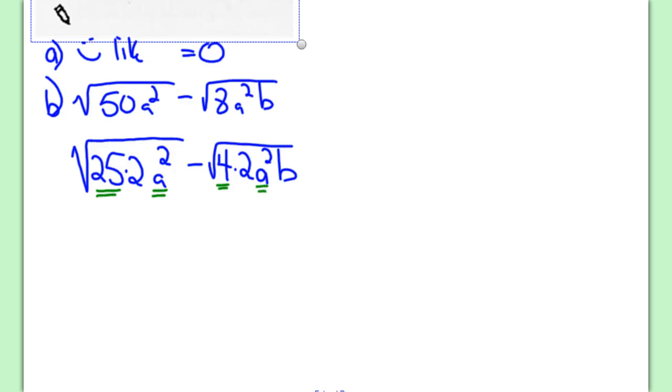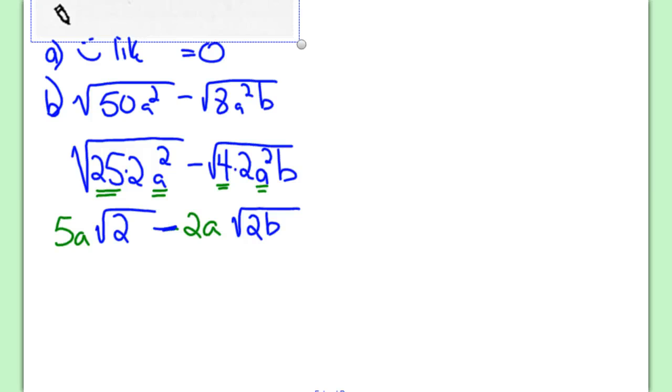So what do I get when I do this? I get 5 and a. What's the square root of a squared? Just a. What's left inside is 2. In the next one, square root of 4 is 2. Square root of a squared is a. But what's left inside? I end up with the square root of 2, but I also have a b there.